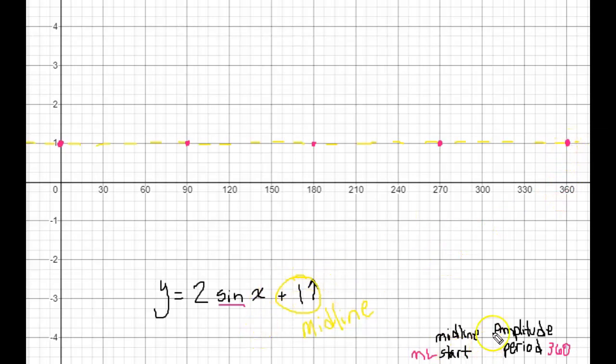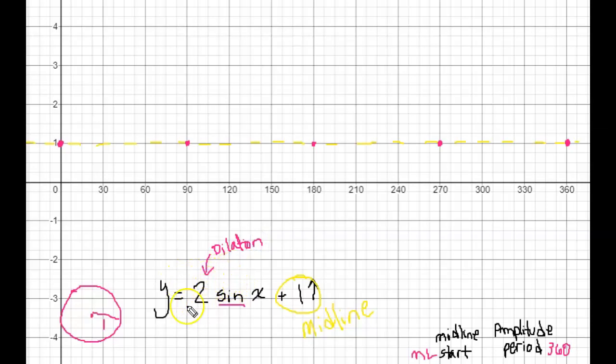Now, I do need to know my amplitude. How far up and how far down is it going? Again, we know the default is the unit circle. It has a radius of 1. But I also know how transformations of graphs work, and I know that this is going to be a dilation. In fact, it's going to stretch it up and down.